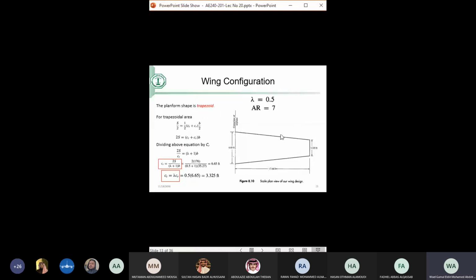But since we have determined the dimensions of the wing, maybe it would be a good time to get an important value, just like we got the aspect ratio while we were calculating the induced drag. It's important now to determine the chords that we use in the aircraft.